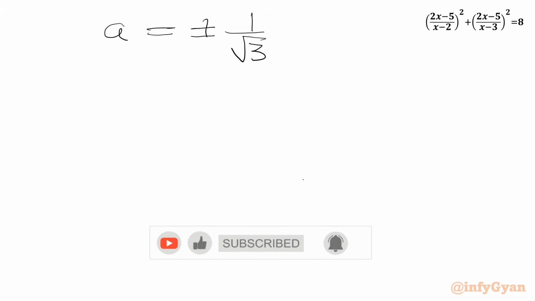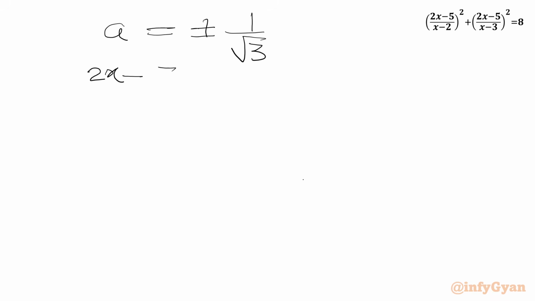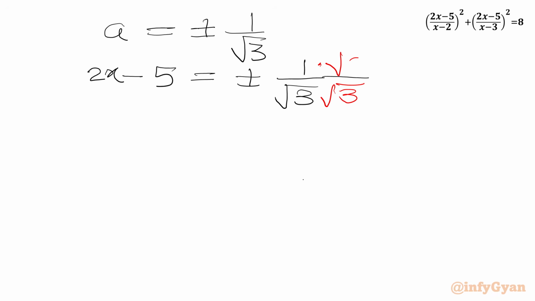Now a was our substitution 2x minus 5. So I will write here 2x minus 5 equal to plus minus 1 over square root 3. Now I will be rationalizing 1 over square root 3. So I will multiply here with root 3. So in the numerator square root 3. Square root 3 times square root 3 will become 3.